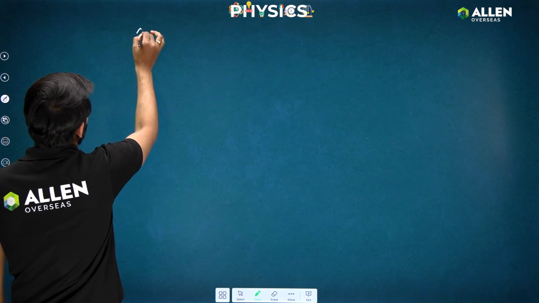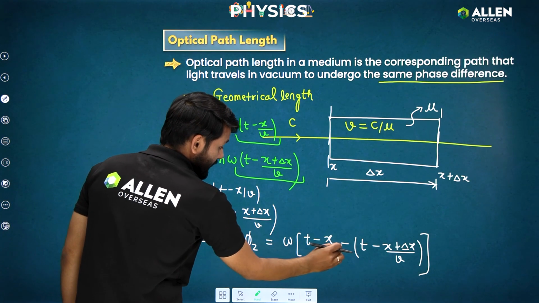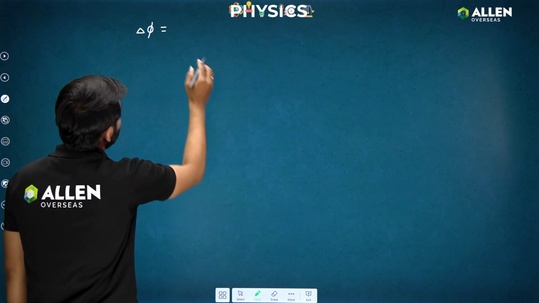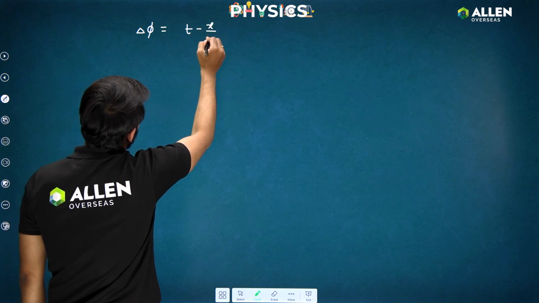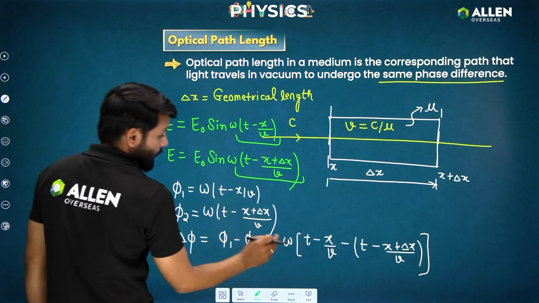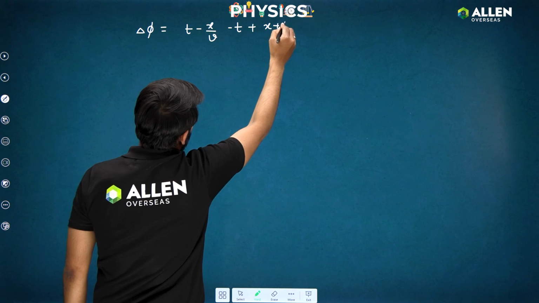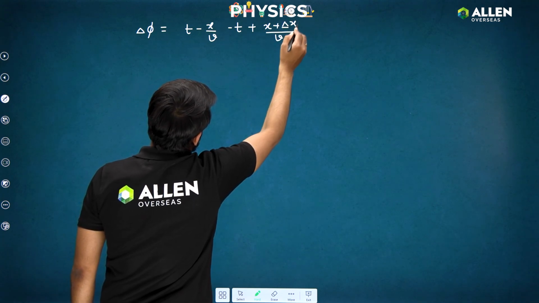Let's solve this. So delta phi is equal to omega times, when you open this bracket, t minus x by v, this is minus t, right? And this minus plus, so plus x plus delta x divided by v.